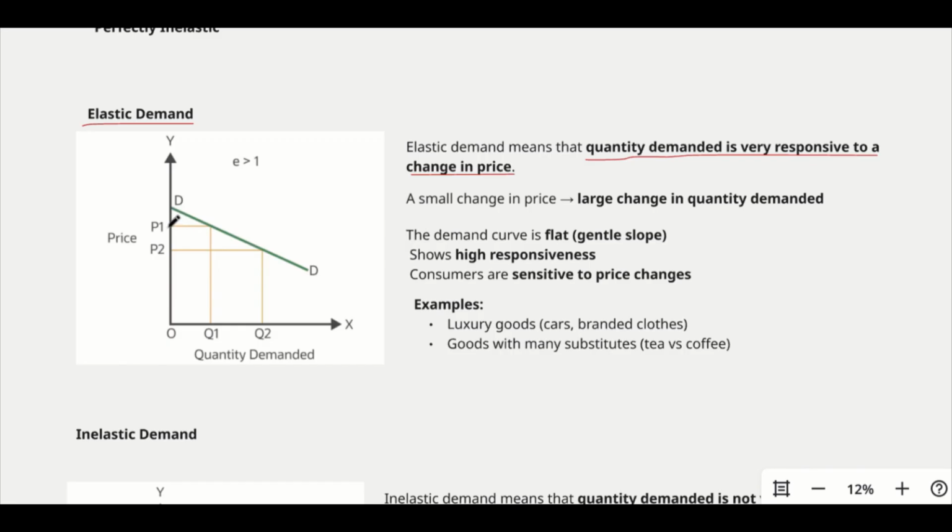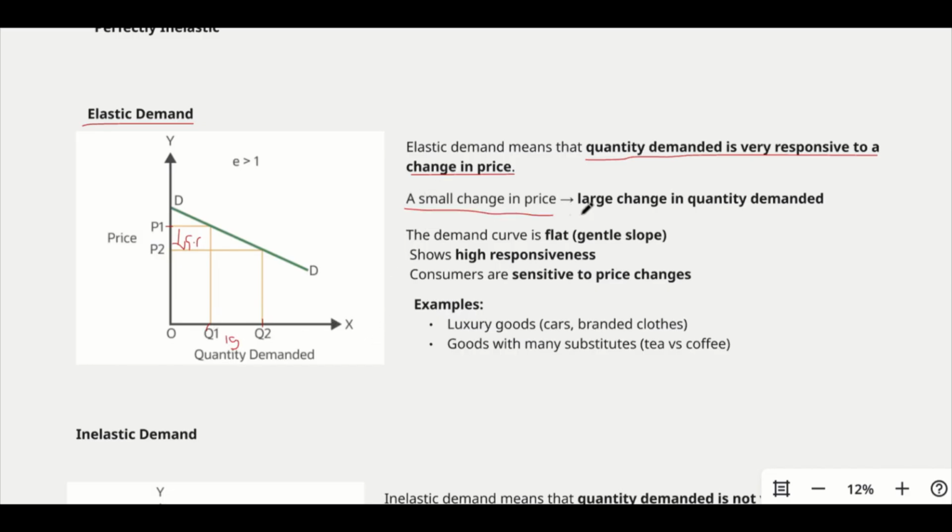So let's imagine that the initial price was P1 and the quantity demanded was Q1. The price has reduced a little bit. But check the quantity. The quantity has changed a lot, right? A small change in the price will change the quantity by much more. For example, if the change in the price is 5%, here we can say it is around 10% or 15% change in the quantity demanded.